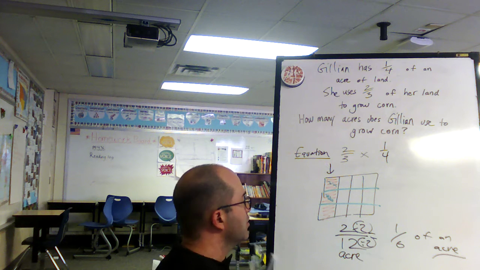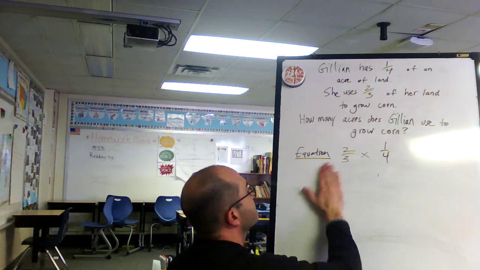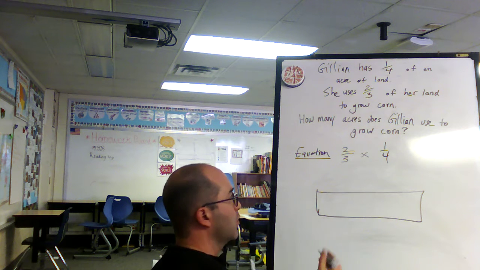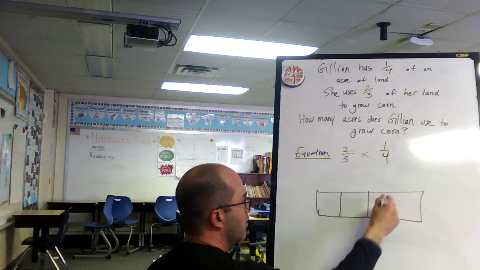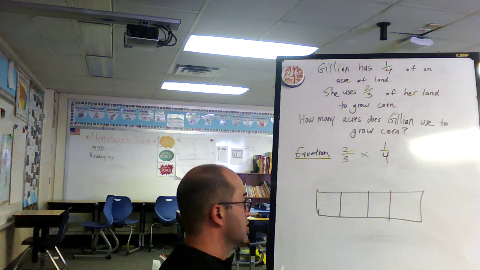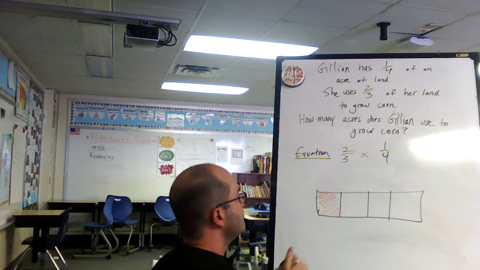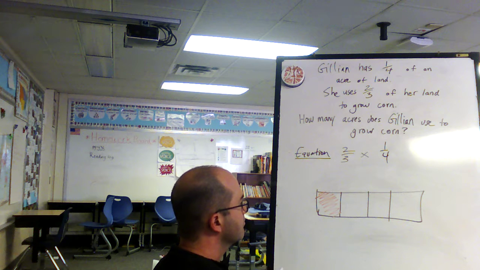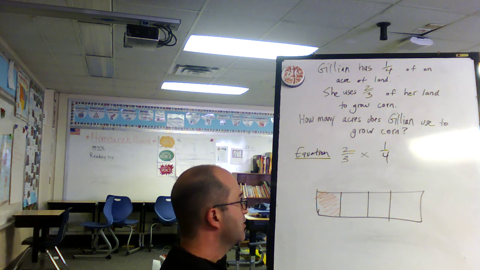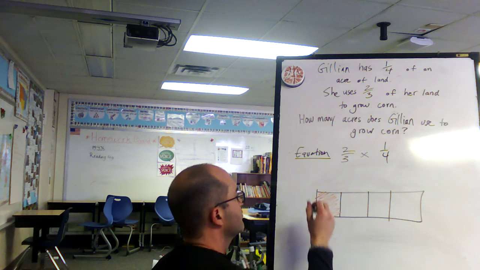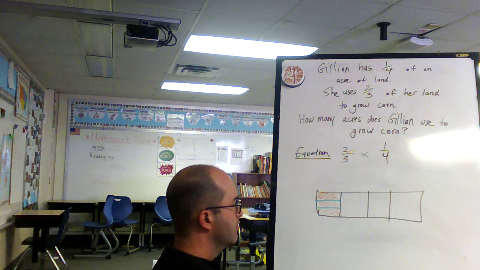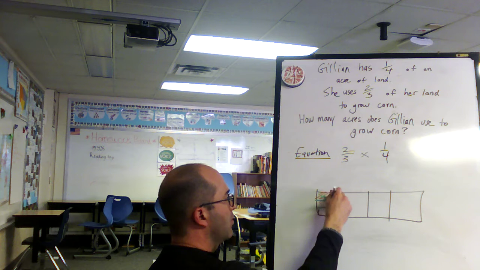Right? And we could do the same thing as a bar. So we have 1/4, 2/4, 3/4. We know 1/4 of the land is Jillian's. And we could take that 1/4 and divide it into thirds, right? 1/3, 2/3. 1/3, 2/3.